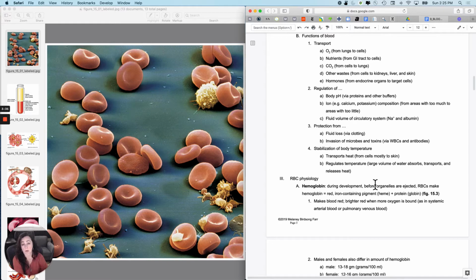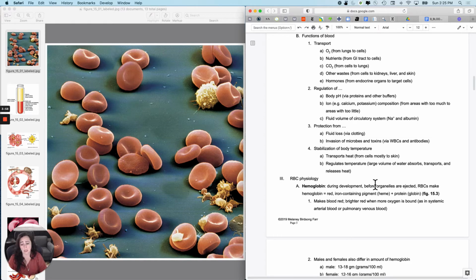Nutrients from where you absorb those at the GI tract to every cell in the body. Carbon dioxide, which is generated by cellular respiration, has to make it back to the lungs mostly for you to get rid of it. Waste products to wherever you get rid of them, kidneys, liver, skin, and then hormones, of course, go from the endocrine organ that made them to their target cell.